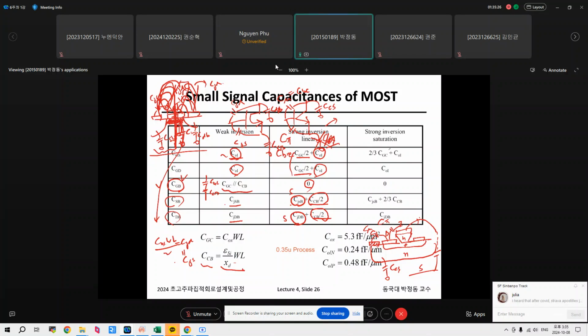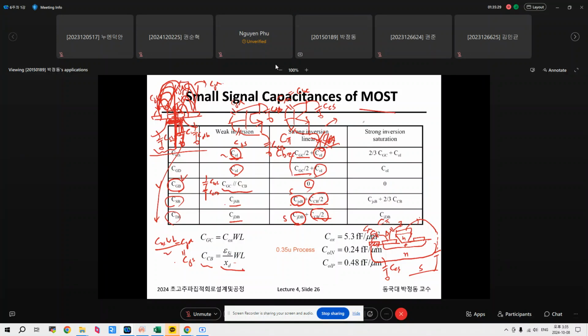For the strong inversion with the saturation, the channel is looking like this. So effectively, the channel capacitance is CGC multiplied by 2/3 due to the distribution effect. And also there exists the overlap cap, COL. This is a CGS. Since there is no channel at all at the drain, we have a COL only at gate drain.